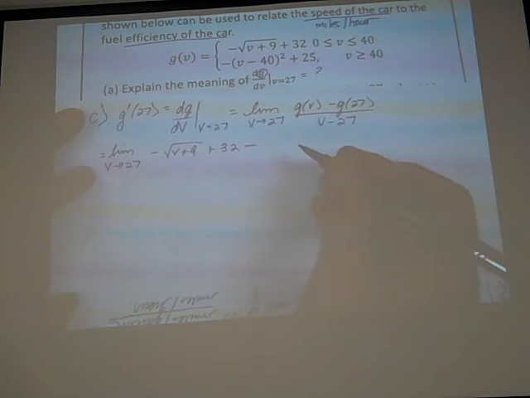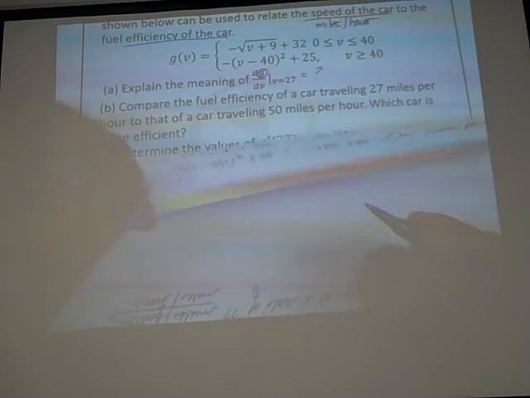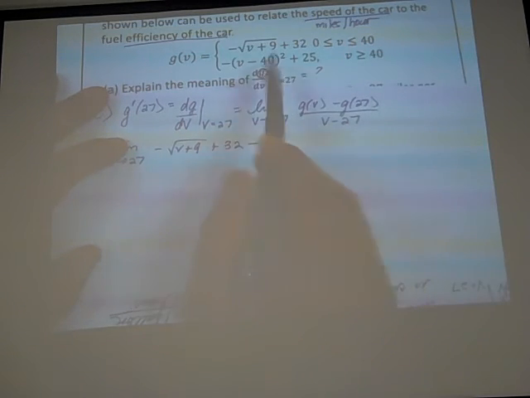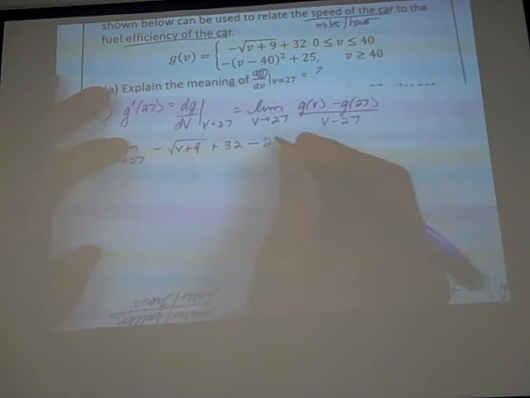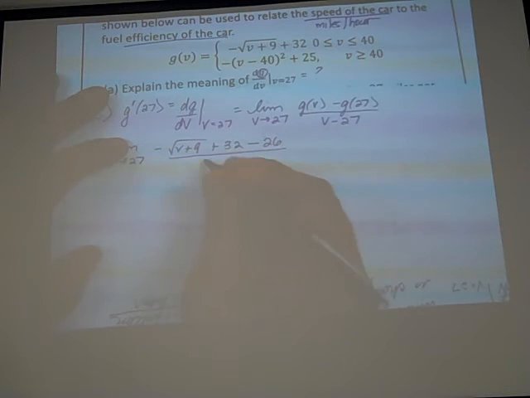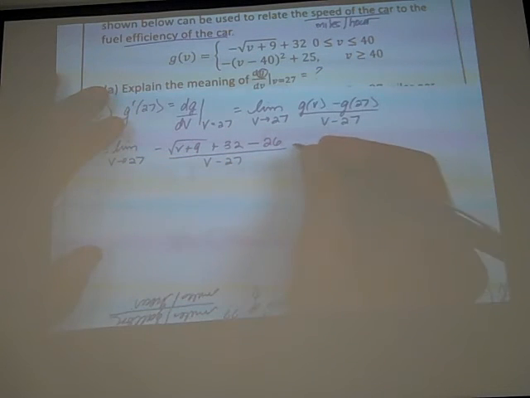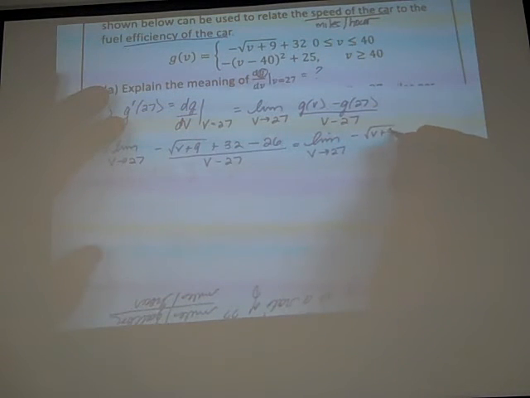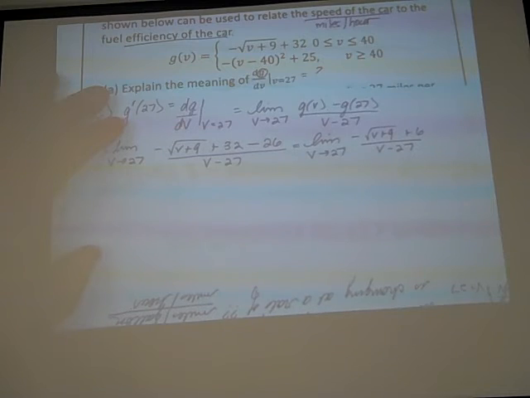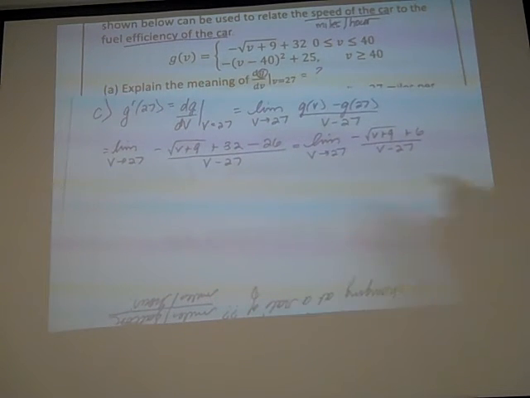We already figured that out earlier, G of 27 is 26, over V minus 27. We get the limit as V approaches 27 of negative square root V plus 9, plus 32 minus 26, plus 6, over V minus 27. If I take the limit as V approaches 27, we're going to get 0 in the numerator, 0 in the denominator.